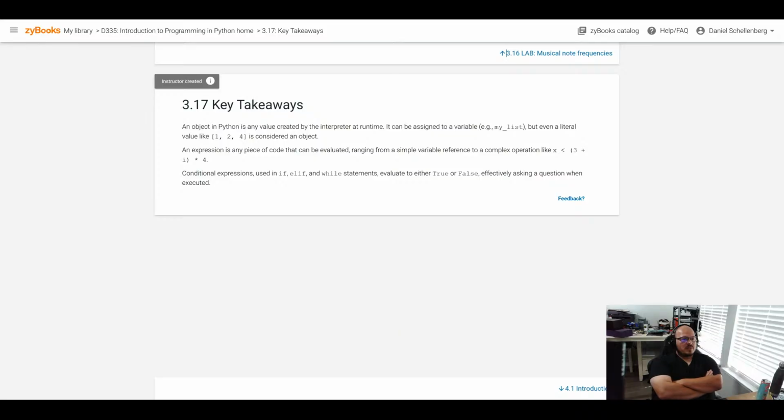An expression is any piece of code that can be evaluated, ranging from a single variable reference to a complete operation like x < 3 + i * 4. Conditional expressions used in if, elif, and while statements evaluate to either true or false.